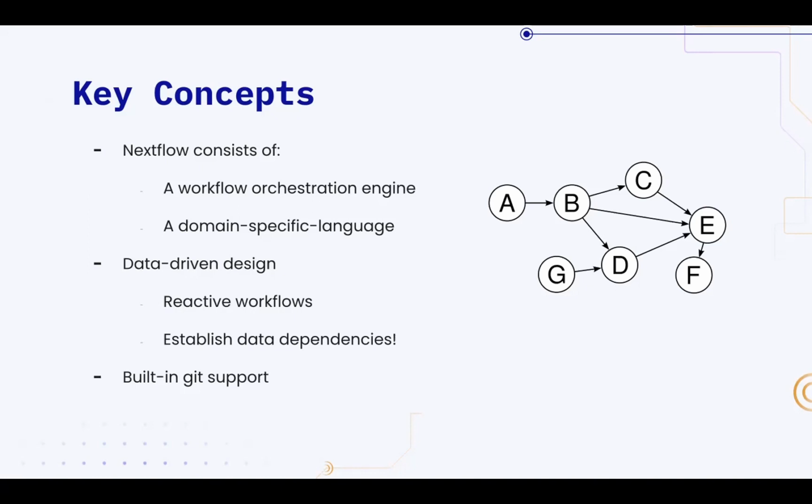We can say, for example, E, as you see here to the right, depends on processes B, C, and D. And so in that fashion, Nextflow works out of the box where E will actually wait on steps B, C, and D before continuing to execute step F.